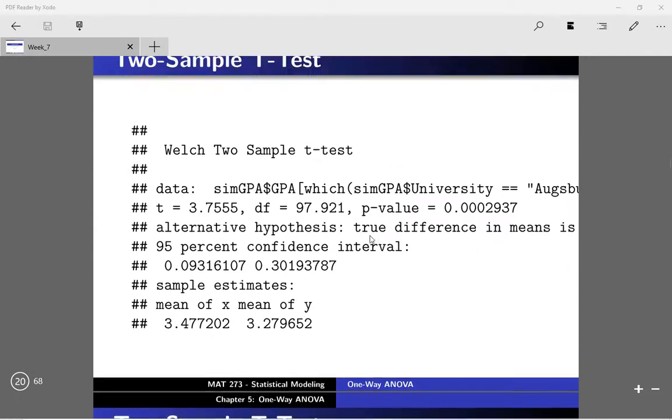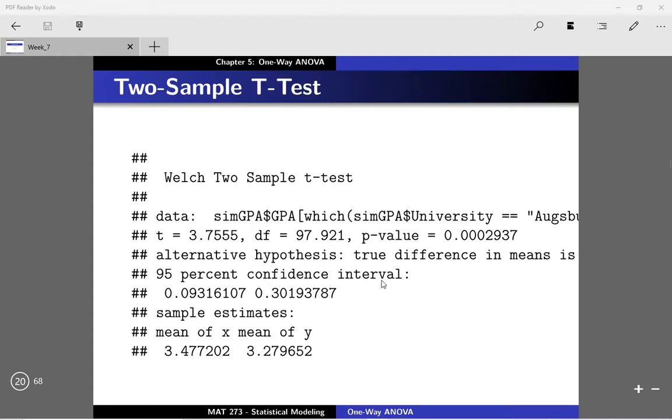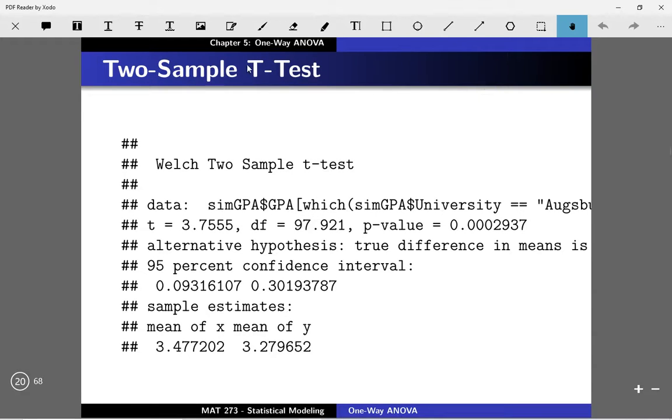So the results of this t-test are displayed here. What we're most interested in are the confidence interval and the p-value. So here, how we interpret this is, I'll type this on the slide here. Oops.